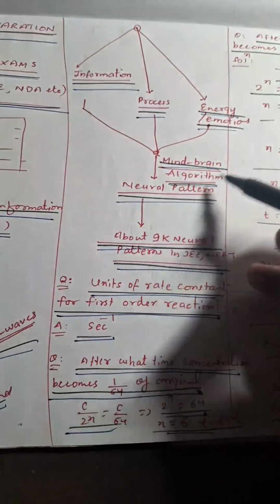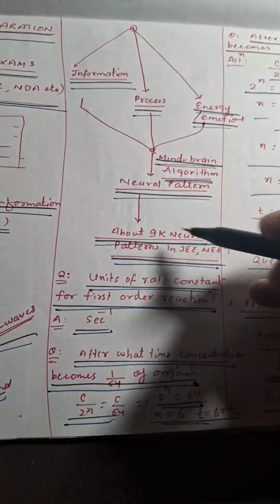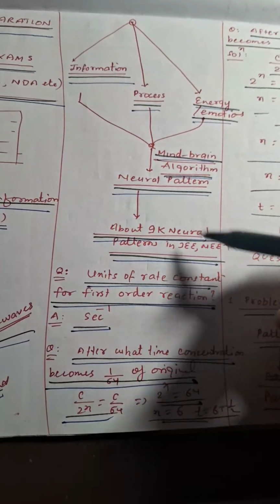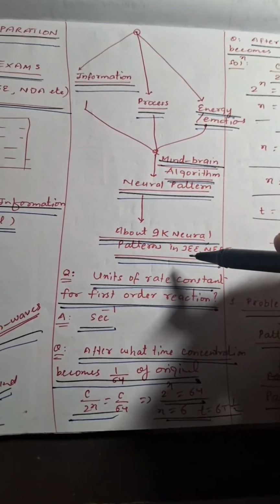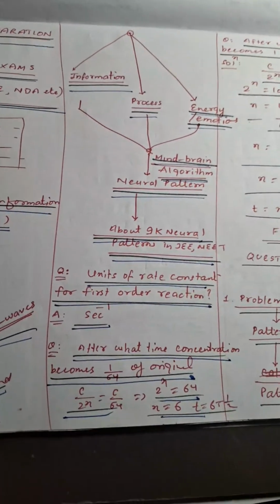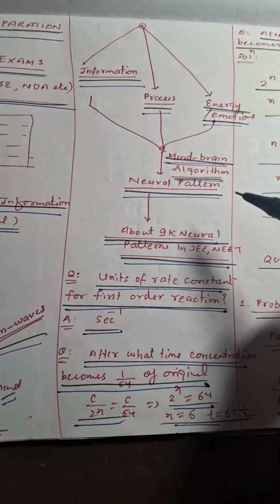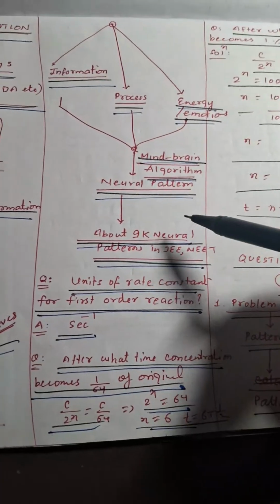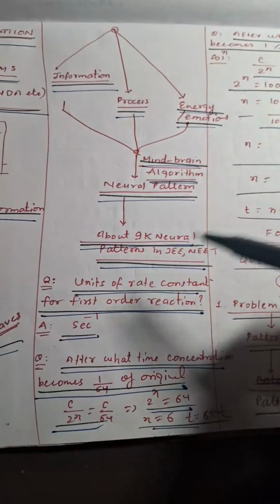And that mind brain algorithm develops certain neural patterns, and those neural patterns are the basis of success in JEE and NEET. So in JEE and NEET there are about 9k neural patterns, including physics, chemistry, bio if you ask for NEET, and physics, chemistry, maths if you ask for JEE.